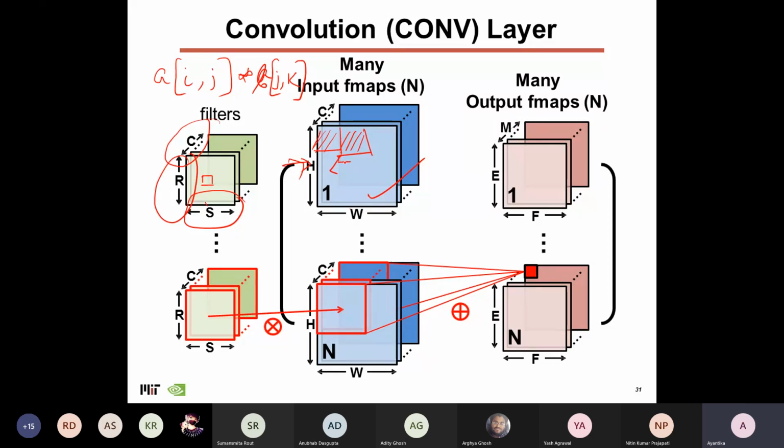Whatever values you have in this locality, you are just doing multiplication with this filter. So the training you are doing may be very much affected by the locality of a particular pattern.